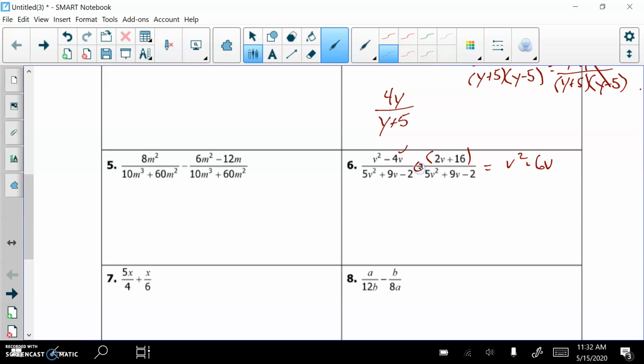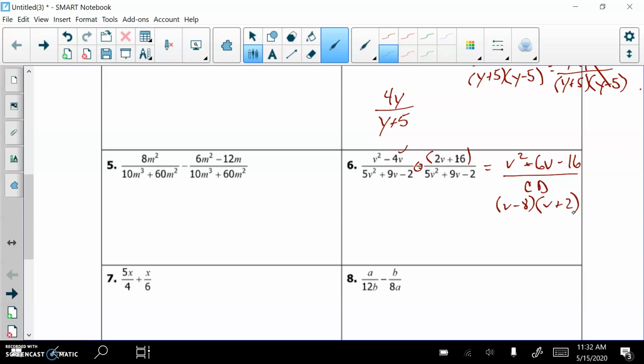And then the minus sign affects the positive 16, making it minus 16, all over that common denominator that I don't feel like writing just yet. All right, 16 with a minus 6 in the middle, that's a minus 8 and a plus 2. So v minus 8, v plus 2.